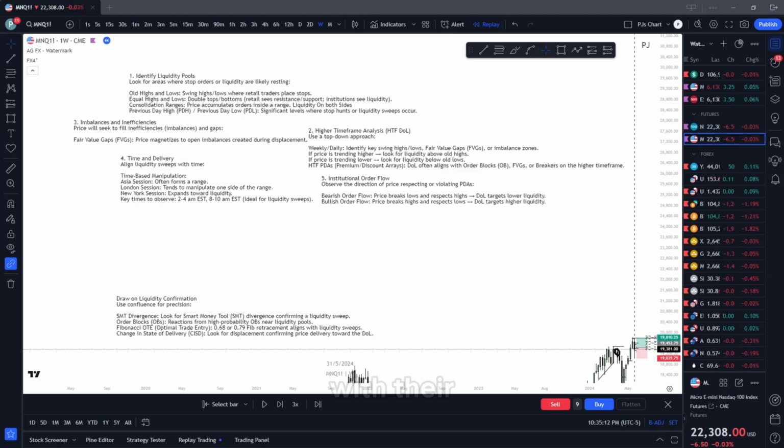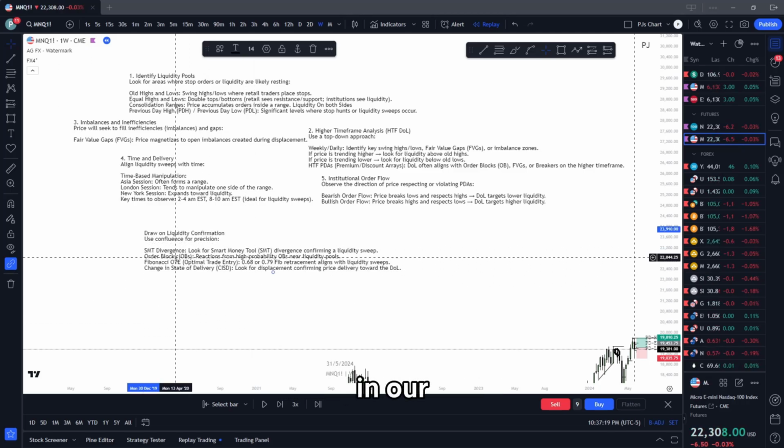Number 5 comes in with their institutional order flow, and we observe the direction and price respecting or violating PDAs. And for our scenario and understanding turtle soup, that's why I showed you guys us running one side of the liquidity in multiple scenarios before then distributing to the other end of the range. Right, if we're bullish, we'll have big thick down closure candles to then manipulate lower and distribute higher.